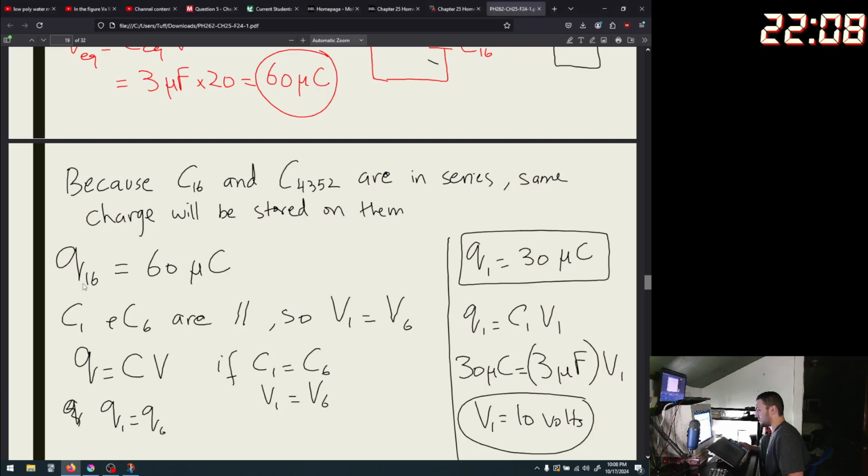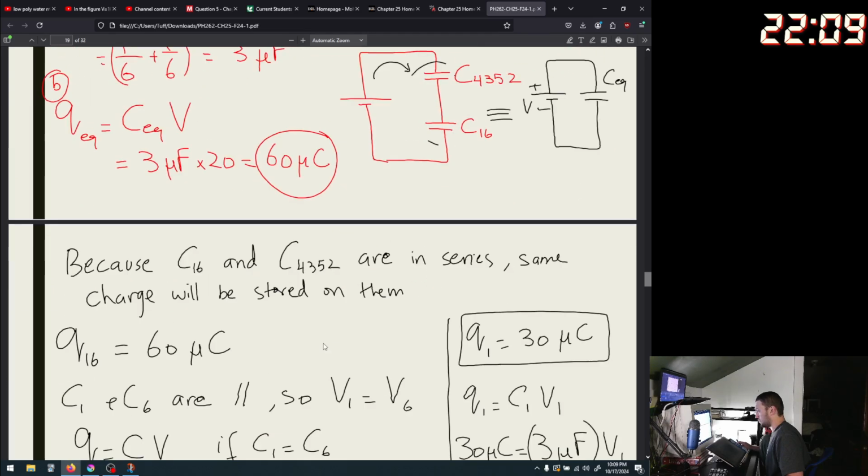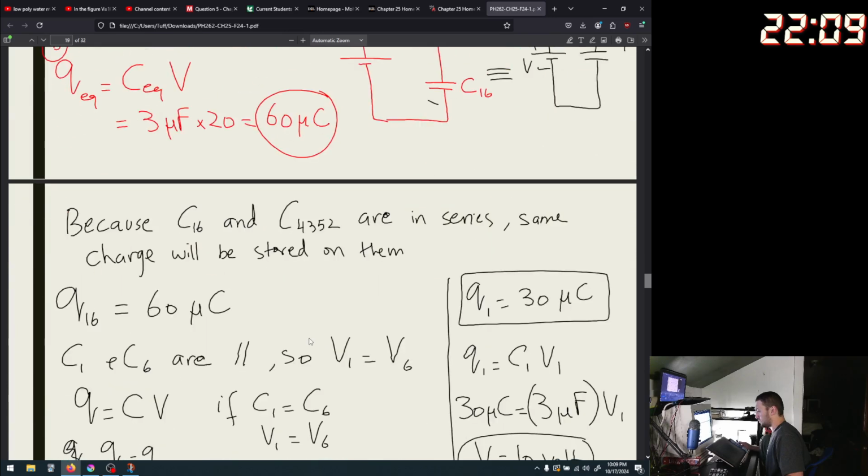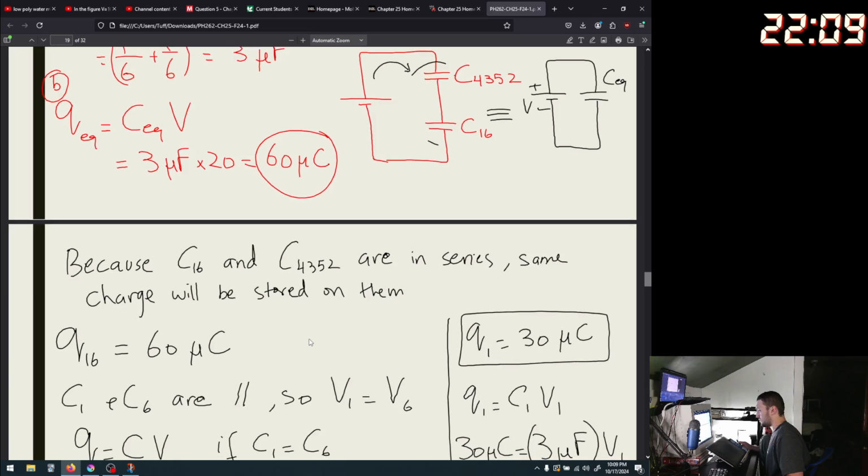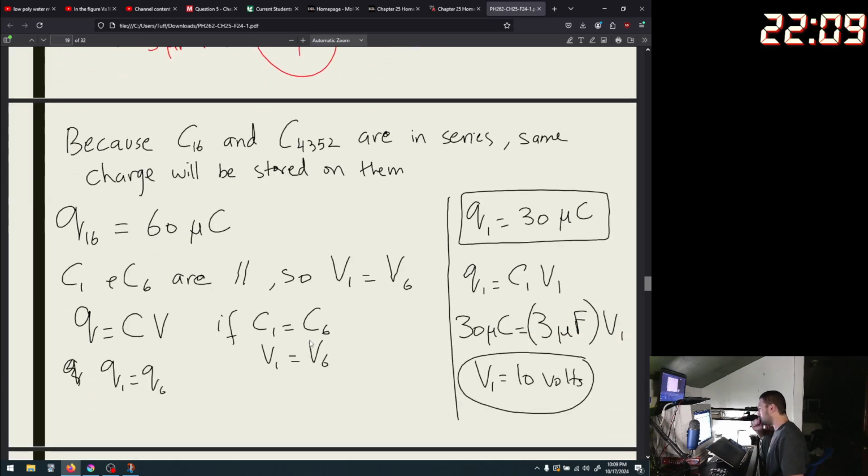How is it 30? If C16 is 60, the voltage 20 is carried across.